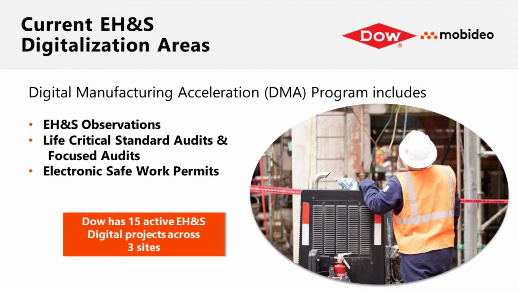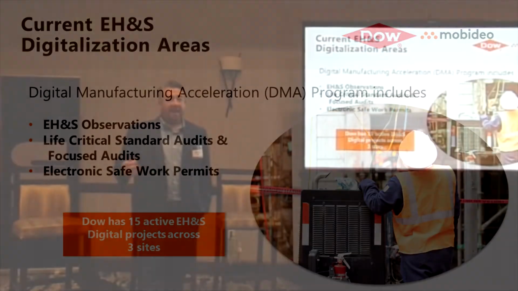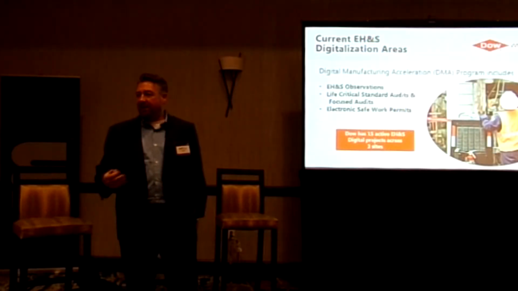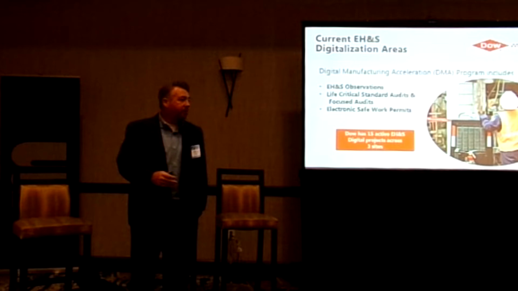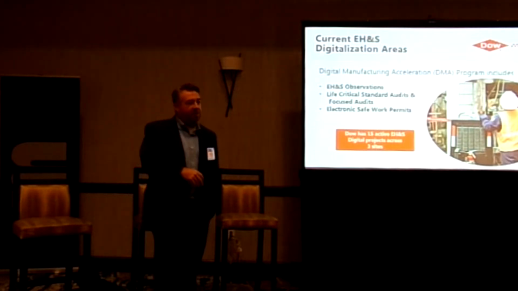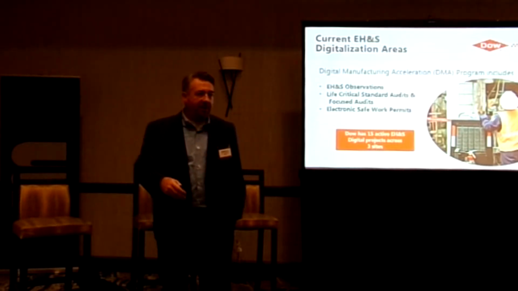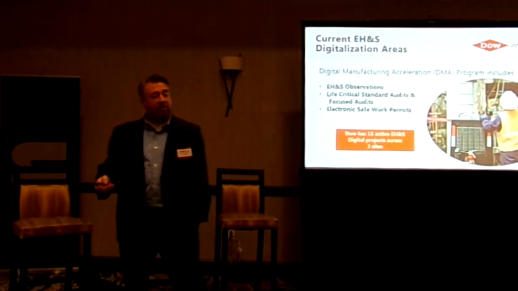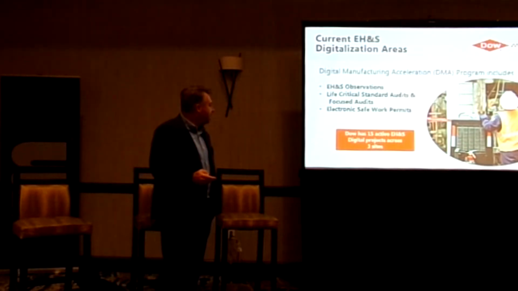Currently we're using Mobideo in our observation programs on 15 active construction projects in Louisiana and Texas, and we are using it on a turnaround in Bahia Blanca, Argentina at the moment, and an upcoming turnaround in Freeport, Texas as well.